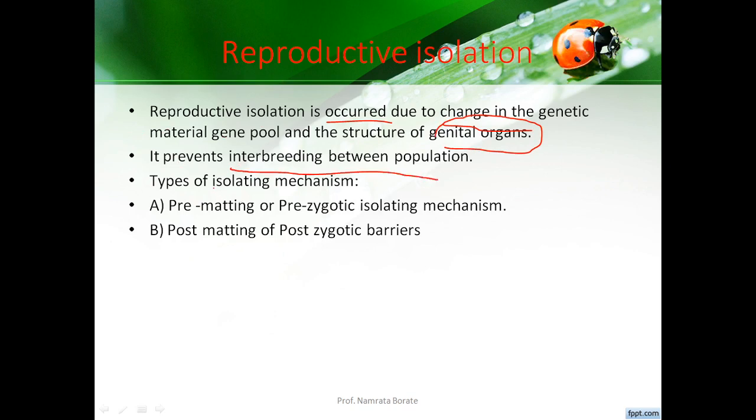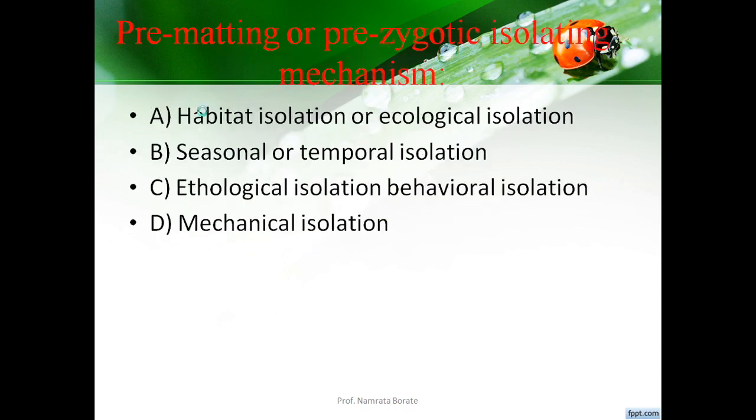This reproductive isolating mechanism is of two types. The first one is premating, also called pre-zygotic isolating mechanism, and the second one is postmating, or post-zygotic barriers.